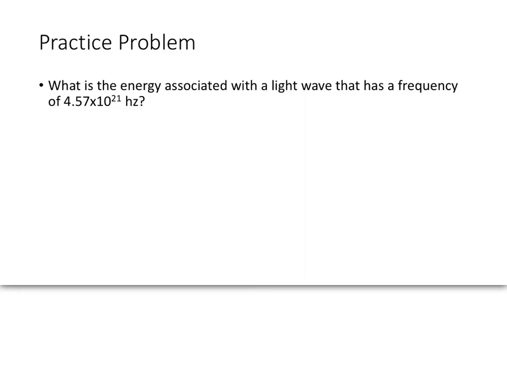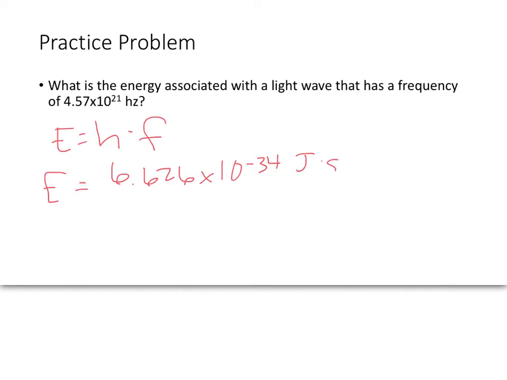What is the energy associated with a light wave that has a frequency of 4.57 times 10 to the 21st hertz? So, our equation: energy is Planck's constant times frequency, and if I plug in what I know, Planck's constant is 6.626 times 10 to the negative 34th joules seconds times 4.57 times 10 to the 21st hertz.